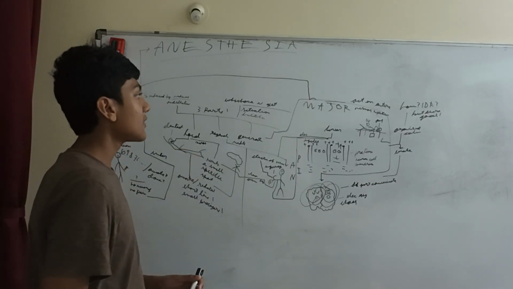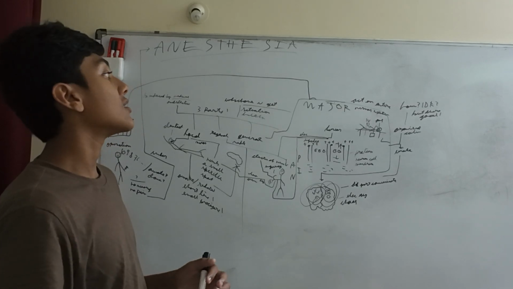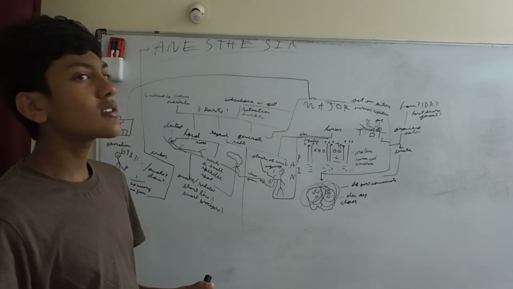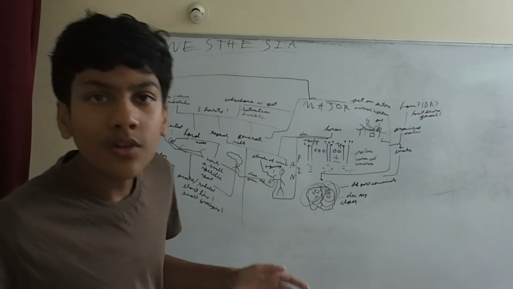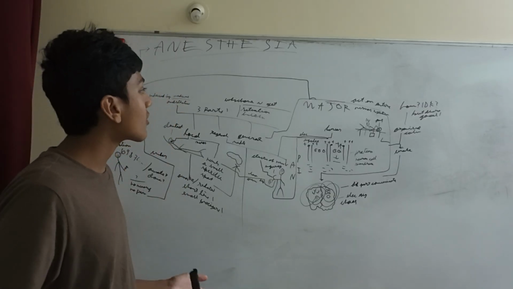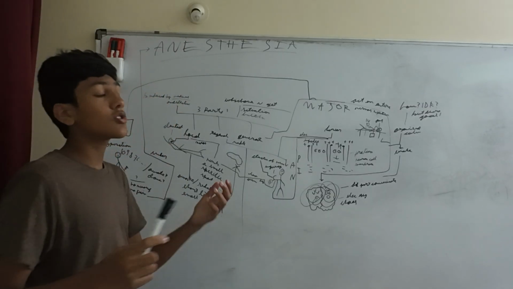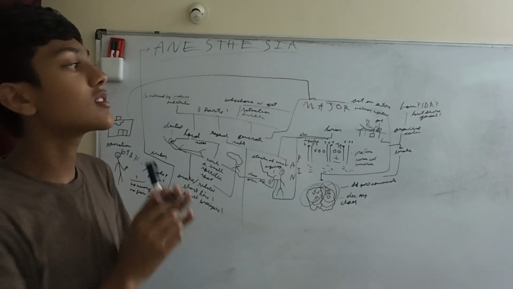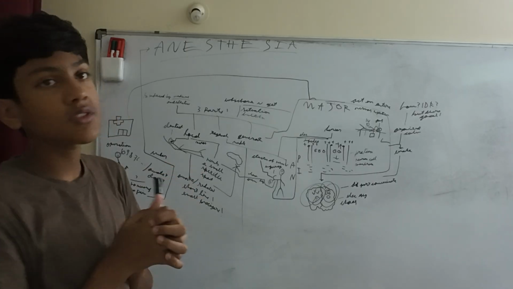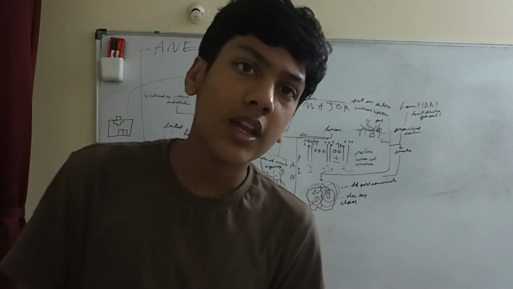But how do these drugs actually work? Well, it's not really known how they actually work, but we should just be thankful for its invention and its use in medical technology and yada yada.